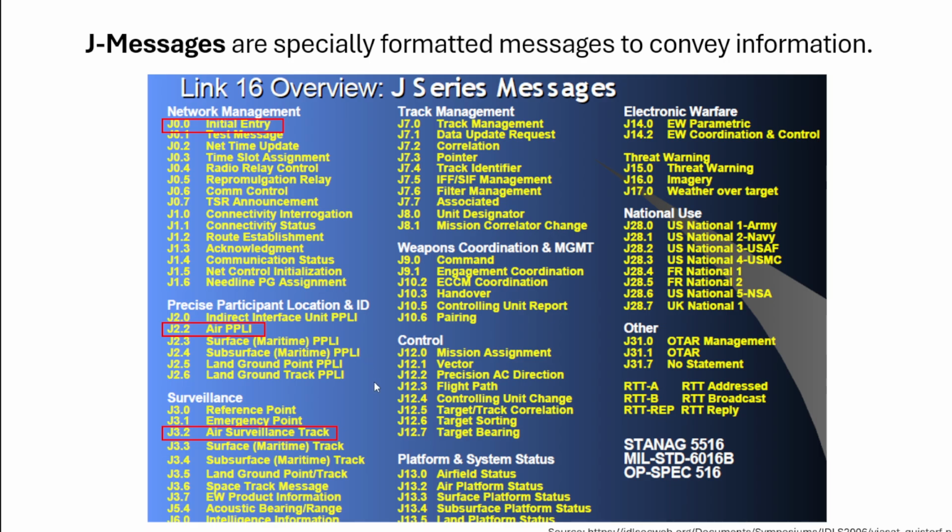For example, if I am in an F-15 flying sweep, I'm not interested in knowing about maritime tracks and so on, right? Or if I am a non-electronic warfare unit, I'm not interested in reading information from J14 or the J3.7 messages.